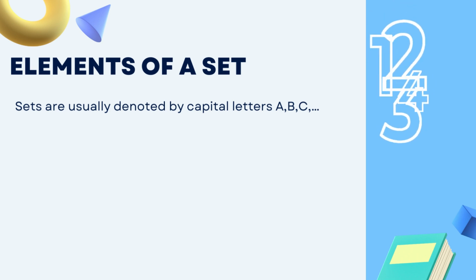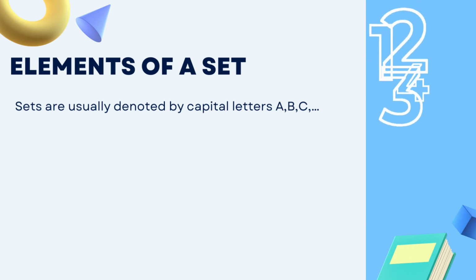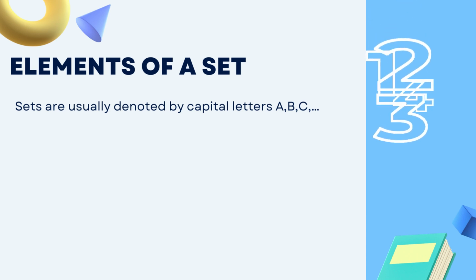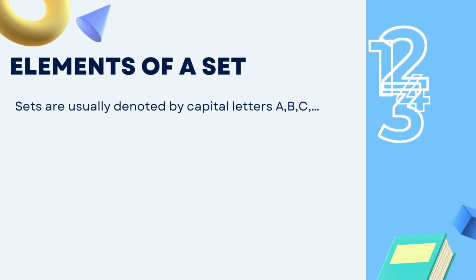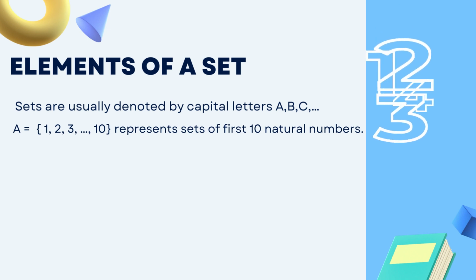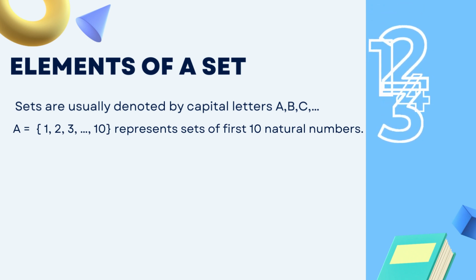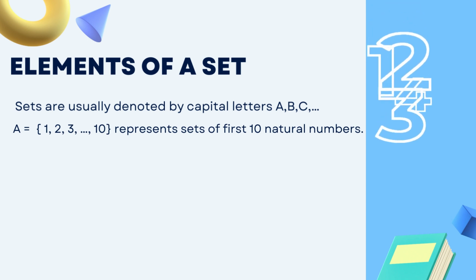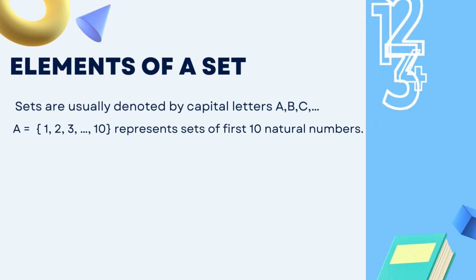For example, capital A, capital B, or capital C, and so forth. Now over here in this particular statement, we have a set of the first 10 natural numbers that have been represented by the capital letter A.